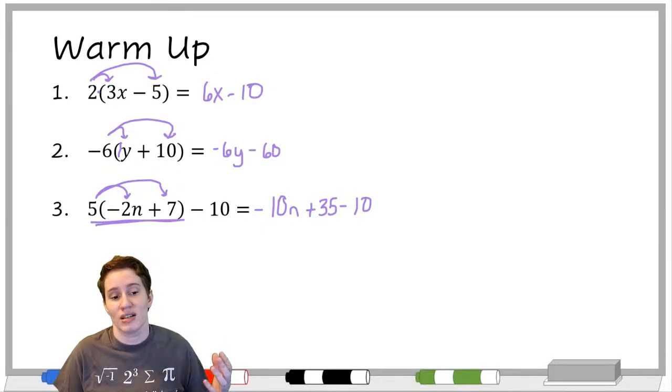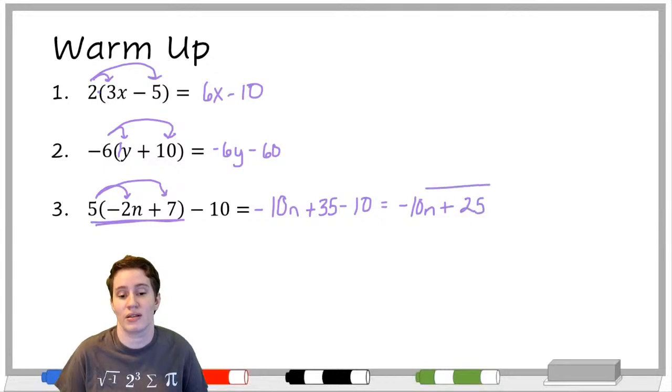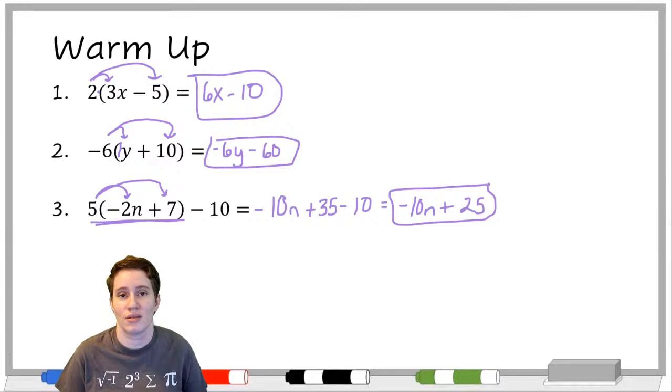Since we have -10n and there aren't any other n's, it's going to stay the exact same and still be -10n. And then 35 and -10, those can combine by subtracting them, and that gives us 25. And that's our answer. I boxed that one, and now I feel like I have to box the other ones, so that's just how it goes sometimes.